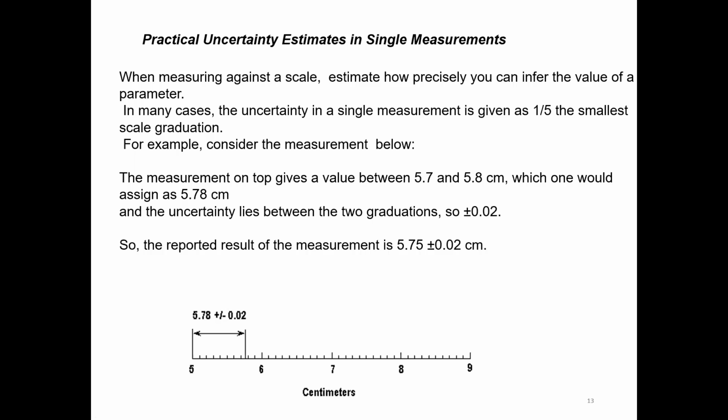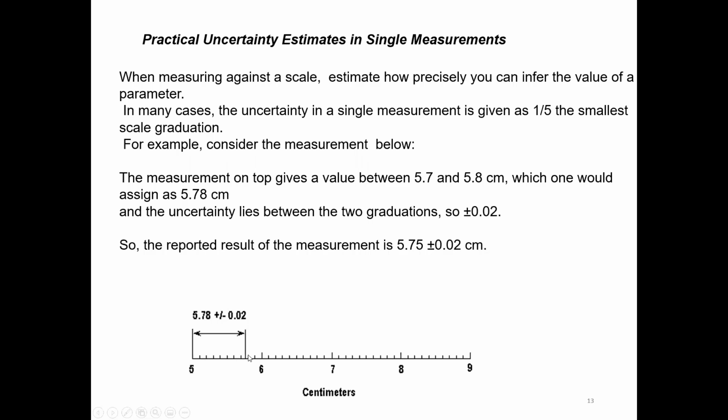Here is another example. If we are going to measure this result at this point between 5 and 6, and we use a better scale, we can come up with 5.78. When we estimate the error, we use the last digit.